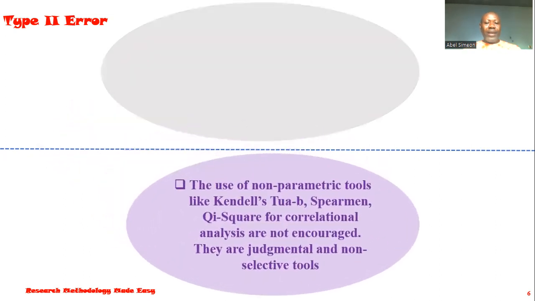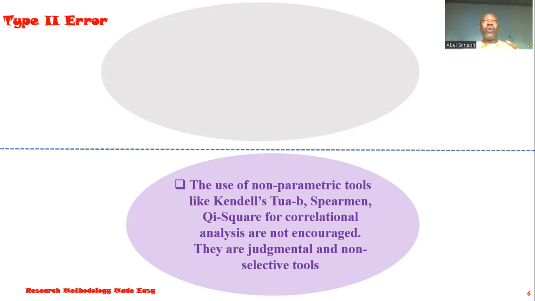The example is number 1, the use of non-parametric tools like Kendall's tau-b, Spearman, chi-square for correlational analysis is not encouraged. They are judgmental and they are not selective tools.